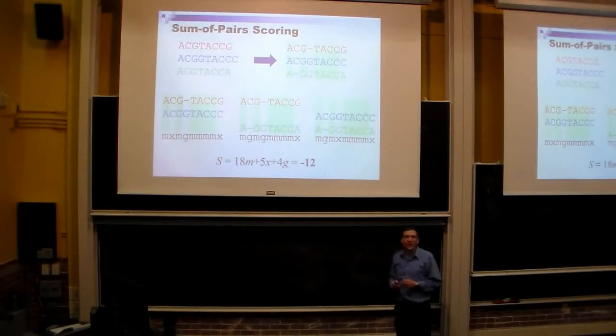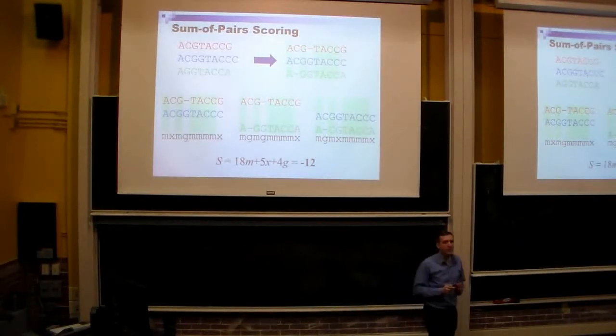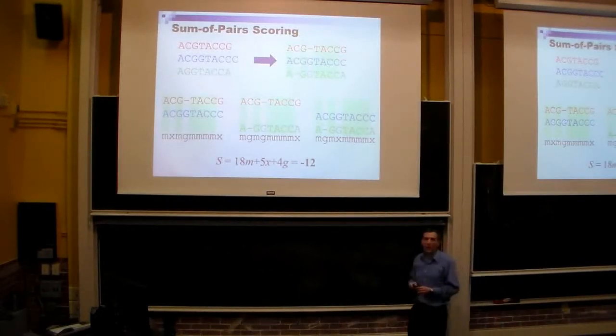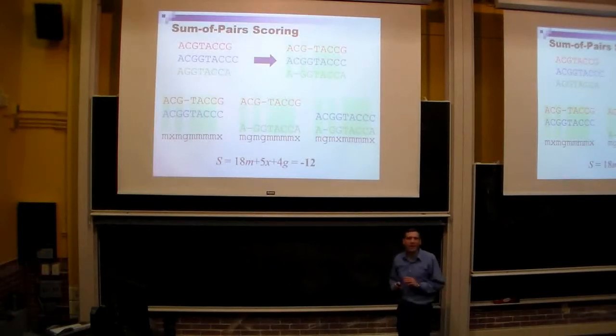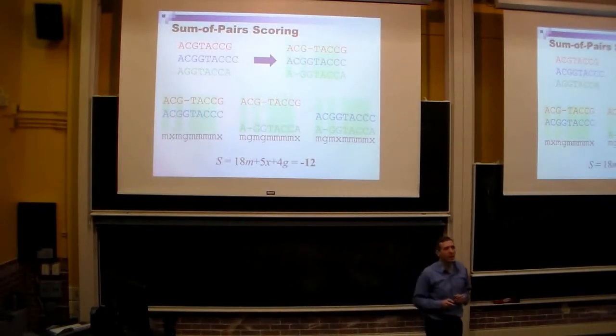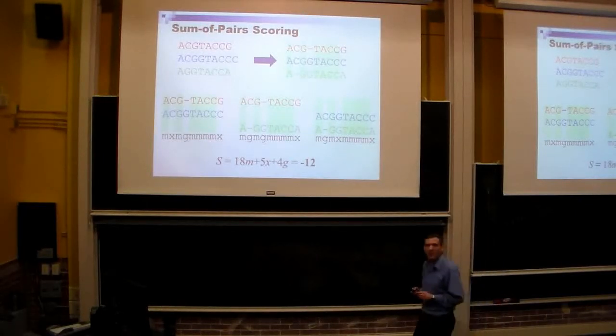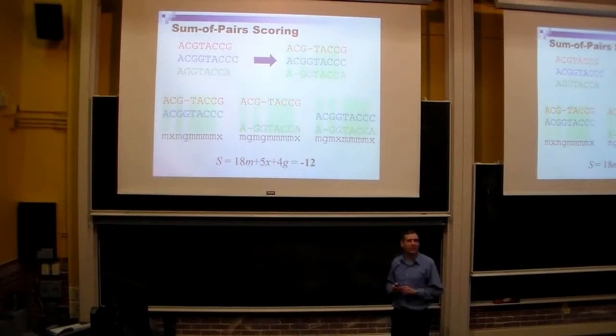We'll see next time that this is actually a pretty important distinction. Algorithmically, it very radically changes how you find the alignment to consider pairwise versus multiple alignment. But it's worth knowing what a multiple alignment is and some of the ideas behind how you might score a multiple alignment. Are there any questions about this?